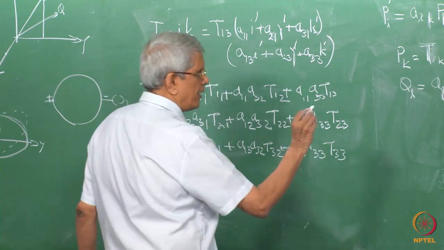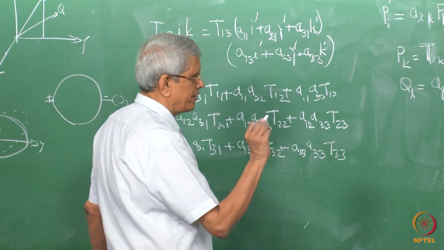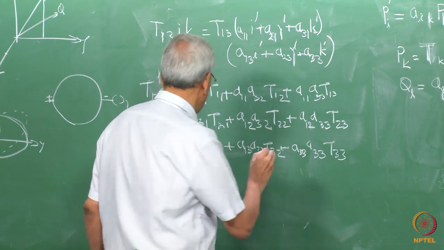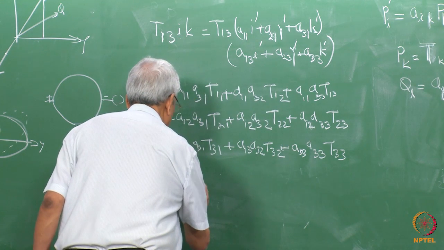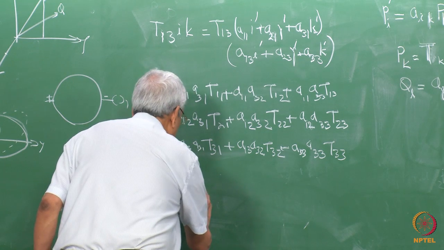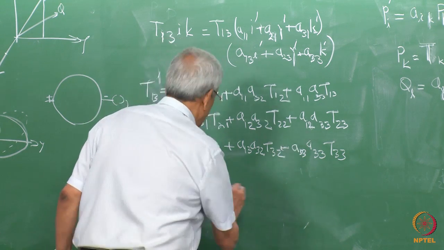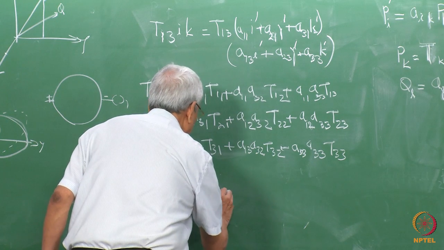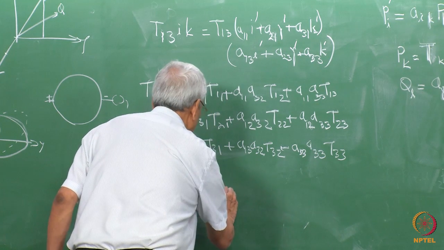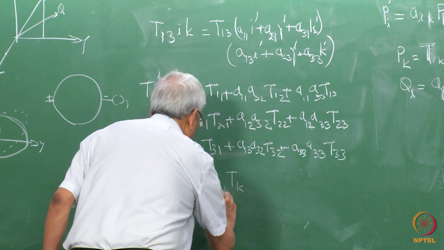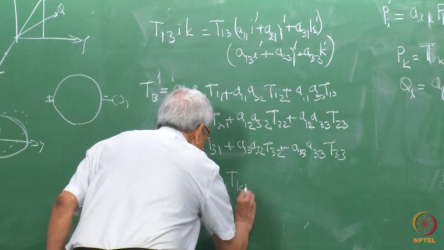That means that I and J turn out to be 1 and 3, right? A1K, A3L, TKL, correct?